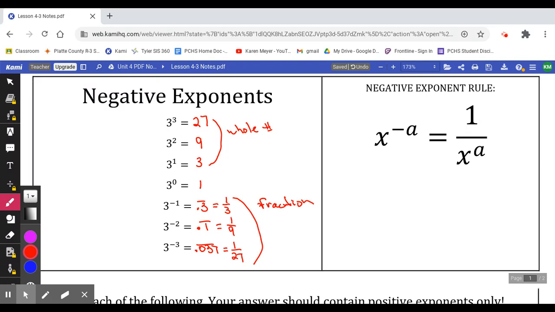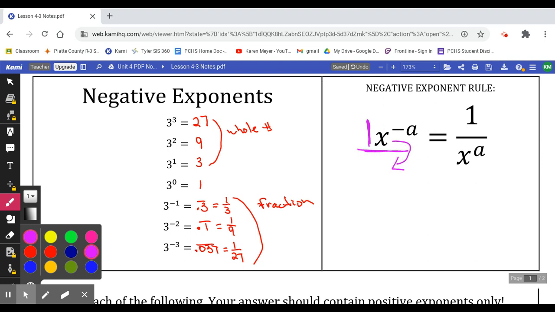Our rule off to the side. Now, don't forget here, you still have a coefficient of 1 in front of x raised to the negative a. Does everybody notice I left the coefficient of 1 alone? I left it on top of my fraction. I didn't move it. But to make it a positive exponent, does everybody notice I just took it from the top of the fraction and moved it to the bottom of the fraction?